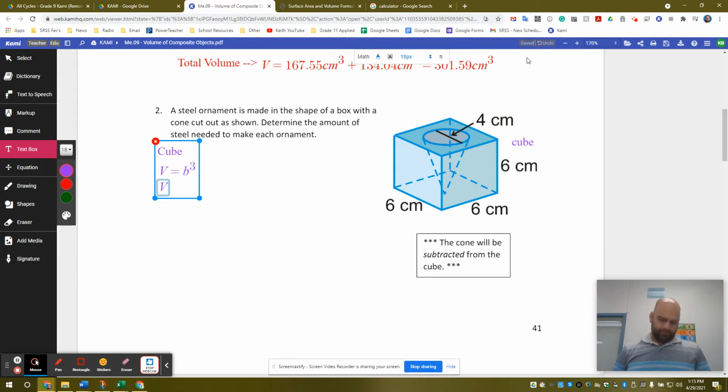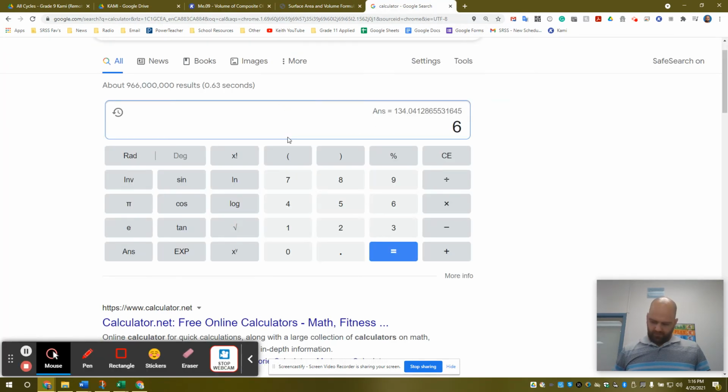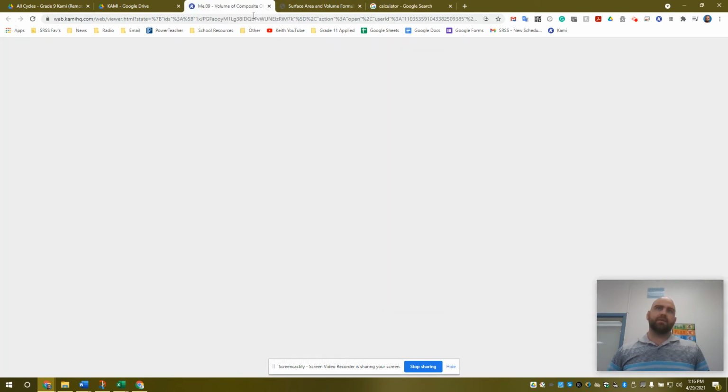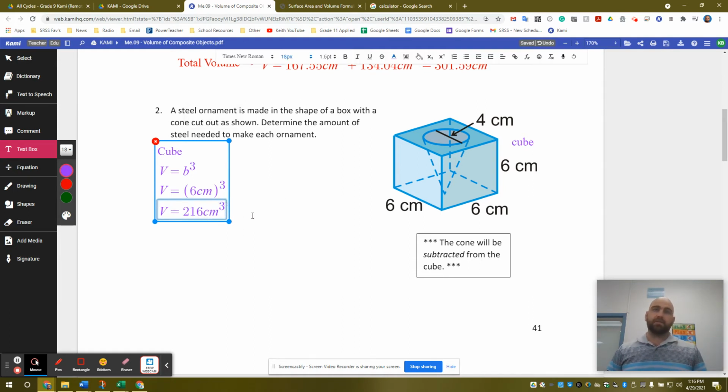So volume is equal to 6 cubed, and we have 6 to the power of 3, 216. So we have a volume of 216 centimeters cubed. That's for our cube.